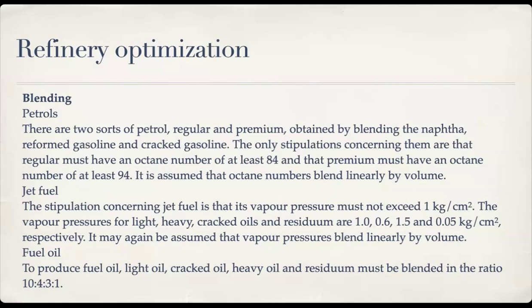For premium, the octane number should be at least 94. To blend petrol, you can blend light naphtha, medium naphtha, heavy naphtha, cracked gasoline, and reformed gasoline.